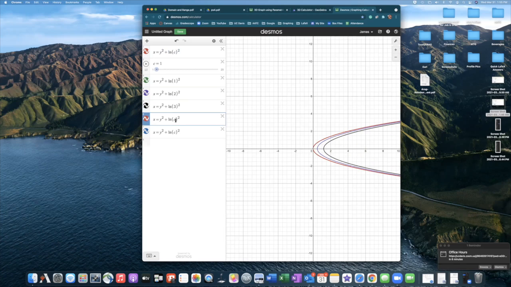It's kind of cool. You can make some level curves. So there you go. You can see what the level curves are, so that as your c values go higher, your parabolas move further right.